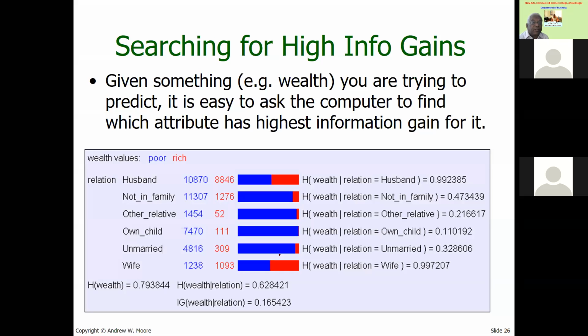See, the relation is husband, not in family, other relative, own child, unmarried, wife. You will see the classification poor and rich. So, H of wealth means it is an information gain.